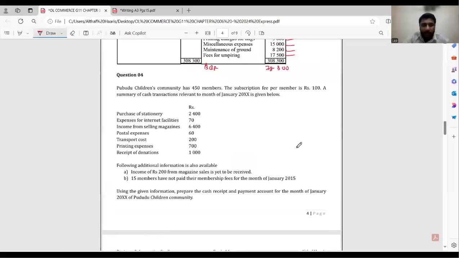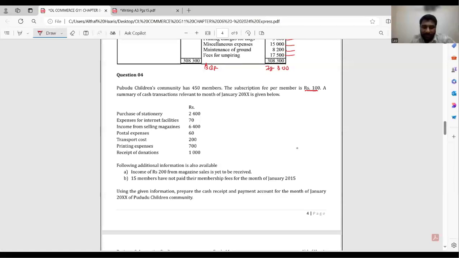So next one. Now let's move to question 4, people. Pubudu Children's Community has 450 members. The subscription fee is 100 rupees. A summary of cash transactions relevant to January is given below: purchase of stationery, expenses for the internet, sales of magazine, postal expenses, transport cost, printing expenses, receipt of the donation.